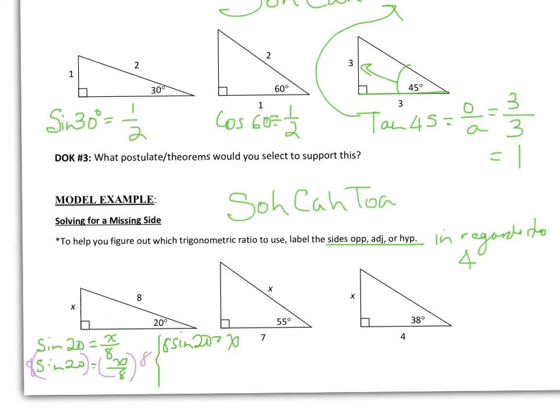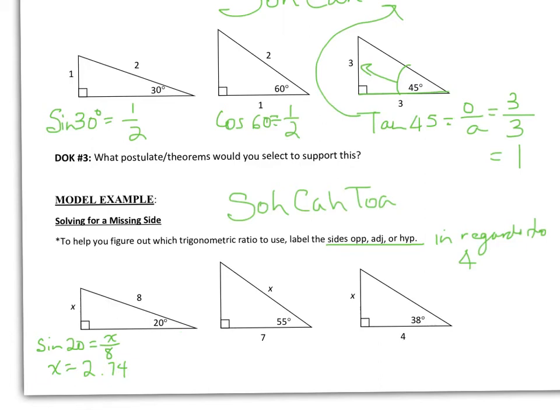When we evaluate that, x will be equal to 2.74, rounding to the nearest tenth, and that has to be stated. Normally we round to the nearest thousandth, but we're rounding to the nearest tenth. So make sure you have your calculators handy.